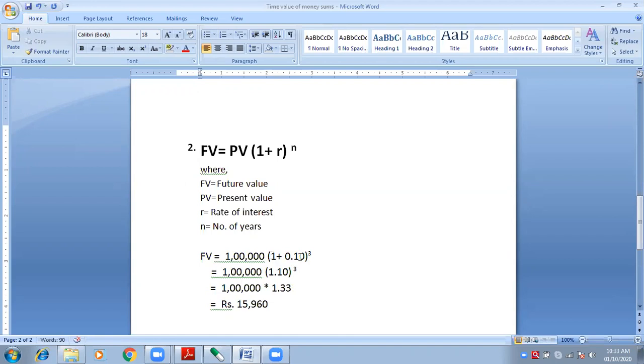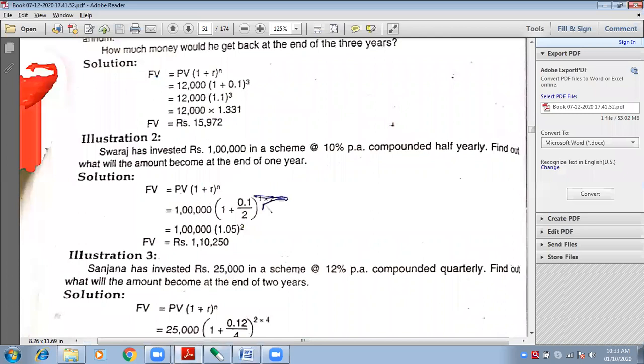So 1 plus 0.10. Is it correct? 10 percentage. Yes, ma'am. 10 percent is 0.10. We have understood that.